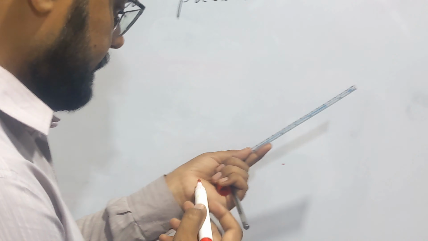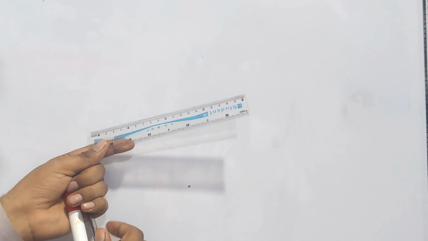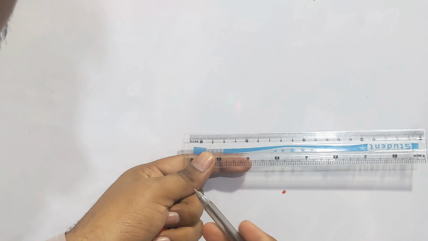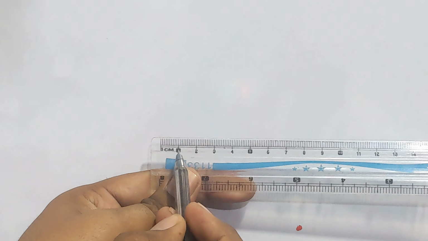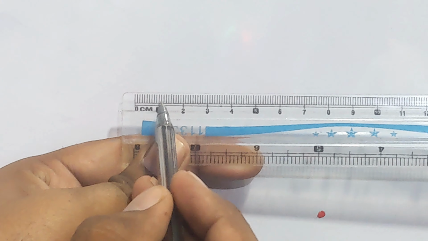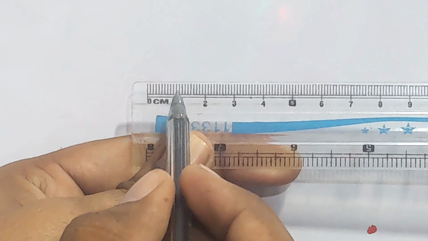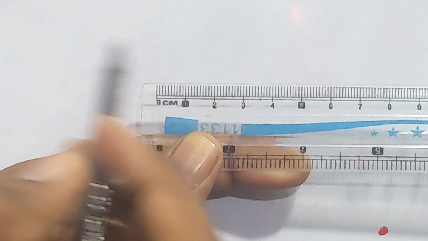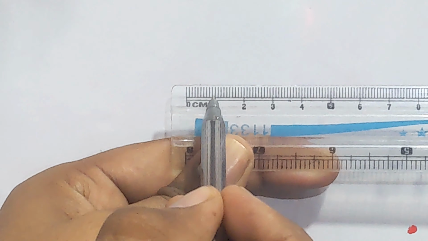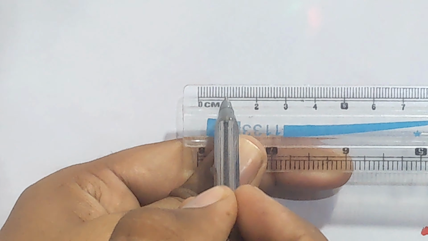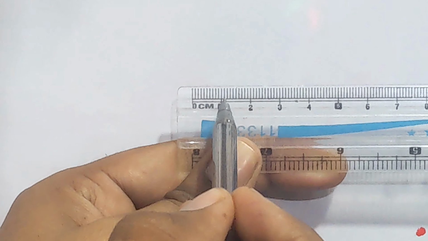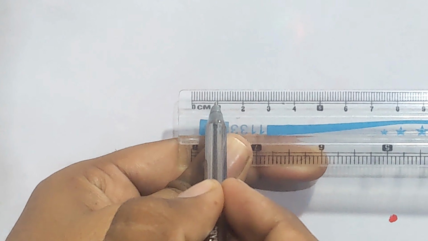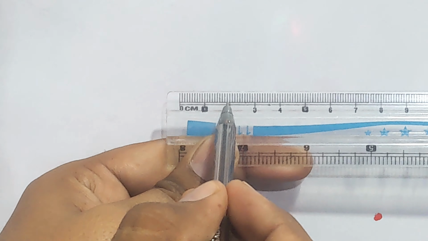Look here. One centimeter is divided into 10 equal parts. 1 divided by 10 is equal to 0.1 centimeter. 0.1 centimeter is from here to here, and 1 centimeter is from here to here.